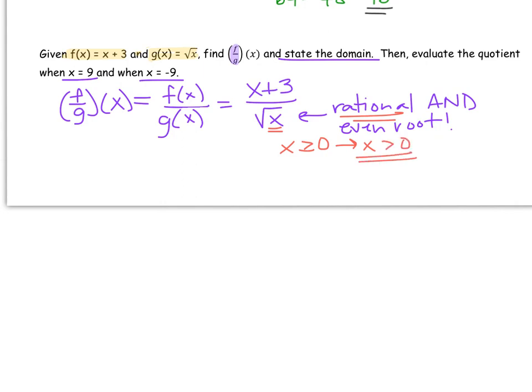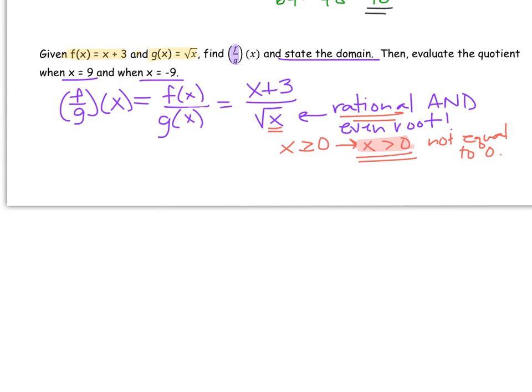It can't have the equal part. So not equal to, because that would give us 0 in the denominator, and that doesn't work for rational functions. So just be careful when you're stating the domain. This is the answer you want. X is greater than 0 for this particular problem.